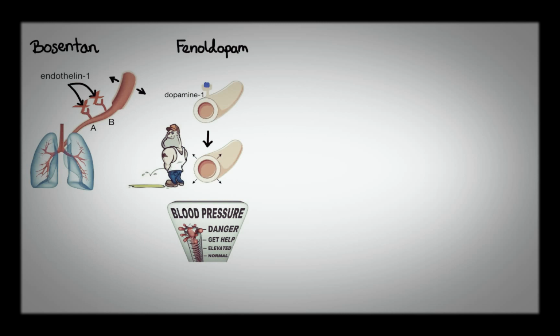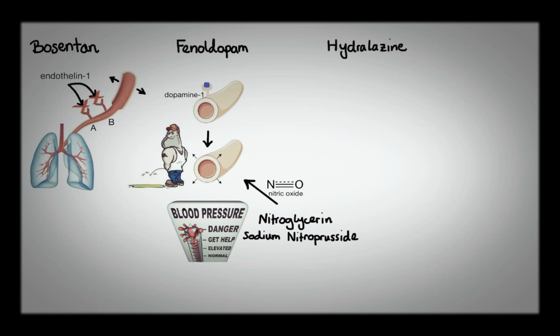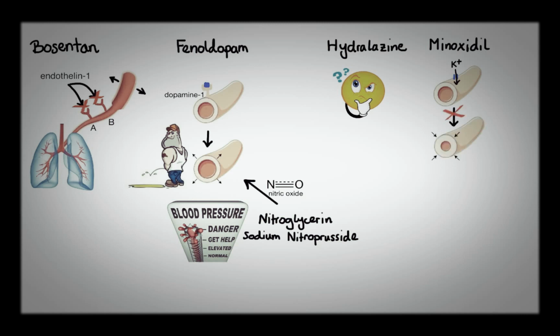Another fast-acting agents that are also used for hypertensive emergency are sodium nitroprusside and nitroglycerin, which simply serve as a source of nitric oxide, a potent peripheral vasodilator. Lastly, we have direct-acting smooth muscle relaxants, namely hydralazine, with mechanism of action that has not been entirely determined yet, and minoxidil, which works by stimulating opening of ATP-activated potassium channels in the smooth muscle, which leads to membrane stabilization, making vasoconstriction less likely.